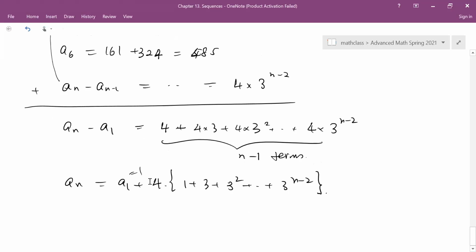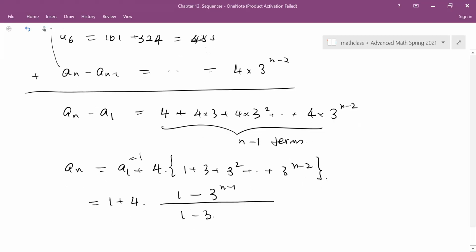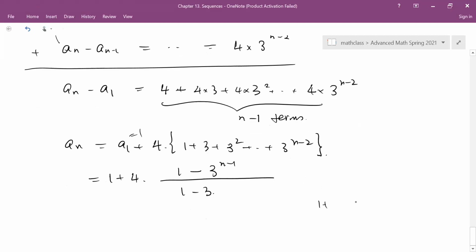The answer is yes, because we already gave you the formula, with 1 minus r to the k plus 1. When k equals n minus 2, then k plus 1 is n minus 1.